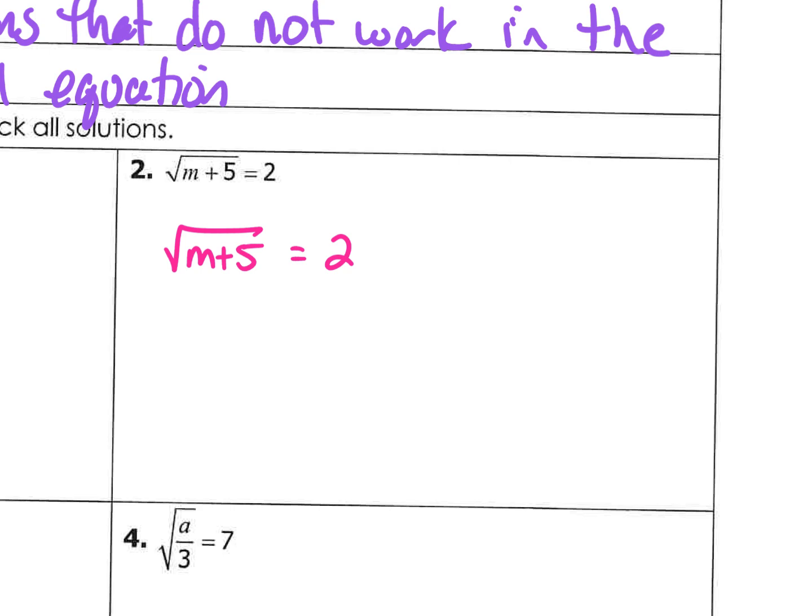I don't have anything added or subtracted outside of the square root, so I can get rid of the square root by squaring both sides. When I square a square root, it cancels these two things out. I'm left with what's inside: m plus 5 is equal to 4. Go ahead and solve that equation.